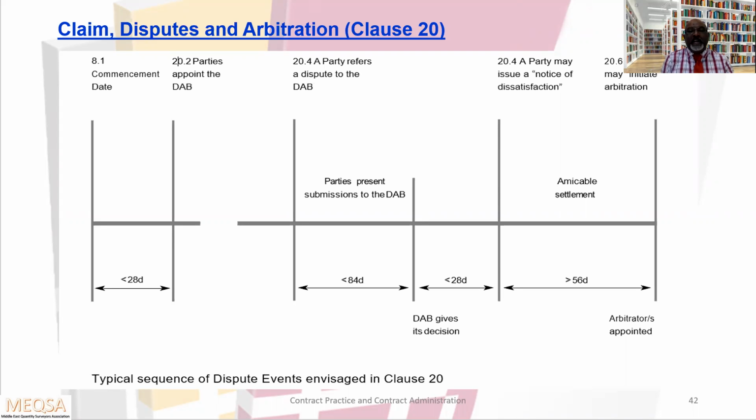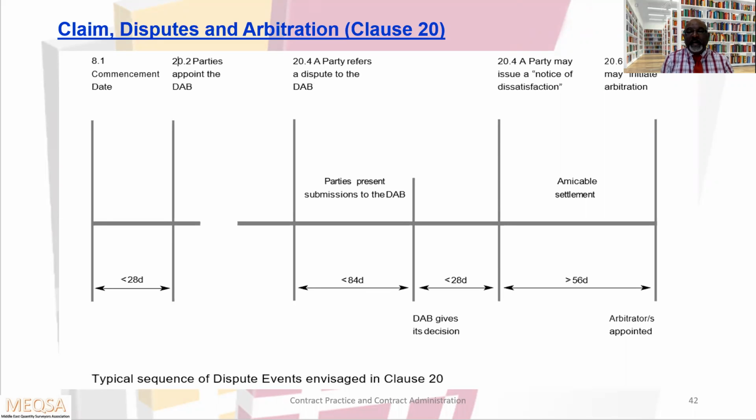Parties present submission to the DAB 84 days. And DAB gives its decision another 28 days. A party may issue a notice of dissatisfaction. Then again, the amicable settlement, 56 days. So these are the timeline mentioned in the FIDIC 99 for these claims, disputes and arbitration.